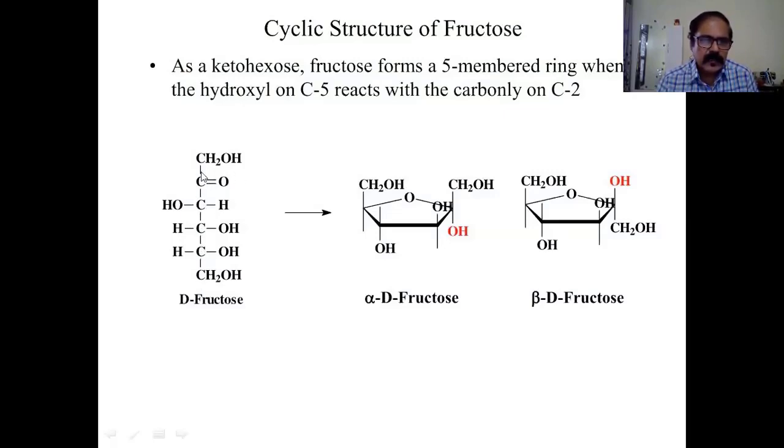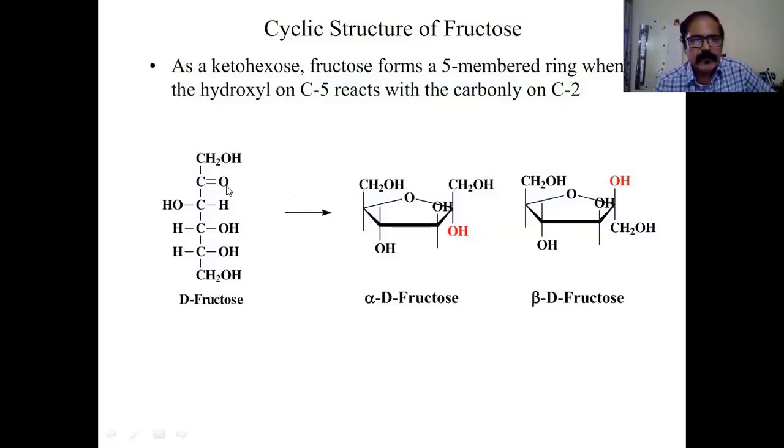This second carbon can get connected with the fifth carbon. When it gets connected with the fifth carbon, carbons 2, 3, 4, 5 will be there and this oxygen will come into the link. So you will have a total 5-membered ring, that means 4 carbons and 1 oxygen, which is something like furan. We will call it furanose, the fructofuranose structure.